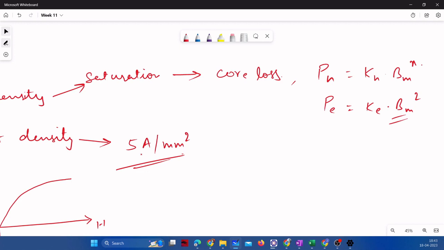But if you stretch this value, even with any material, copper, aluminium, whatever, up to 6 or further, then you might see that losses are more and there will be a requirement for a heat sink.